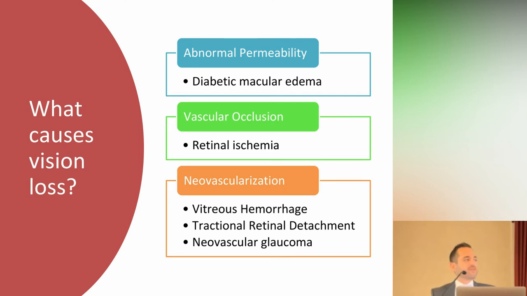Hard exudates are lipoprotein deposits that are usually associated with macular edema. The reason I say usually is because sometimes you see a patient that has hard exudates and you get an OCT, there's no swelling. The reason is that the patient leaked at some point, and sometimes swelling can spontaneously resolve, but the hard exudates remain.